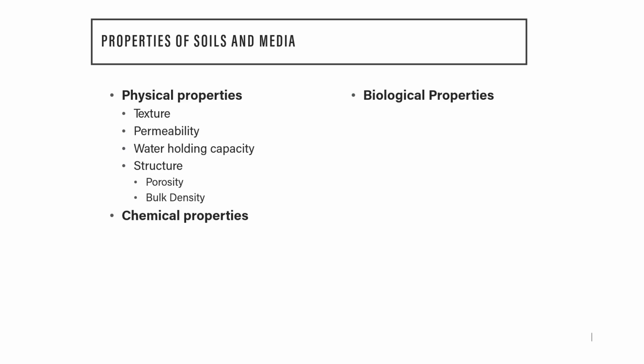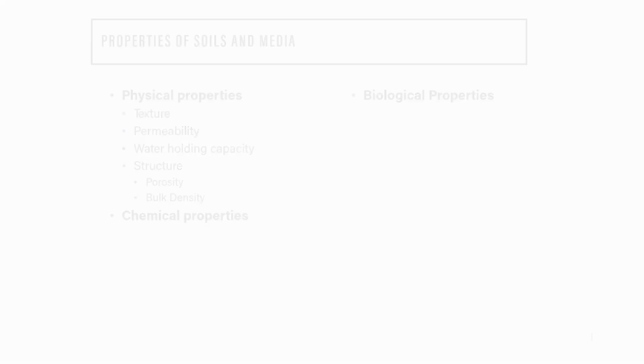Soil structure, so porosity, that's how much air is in the soil, and bulk density is really important, especially in urban soils. Bulk density is essentially the weight of the soil. Whenever you have really heavy clay soils, your bulk density is going to be a lot higher. In the nursery, a lot of folks, not a lot, but several folks, have gone from something like peat moss to rice hull pellets as a media for their plants.